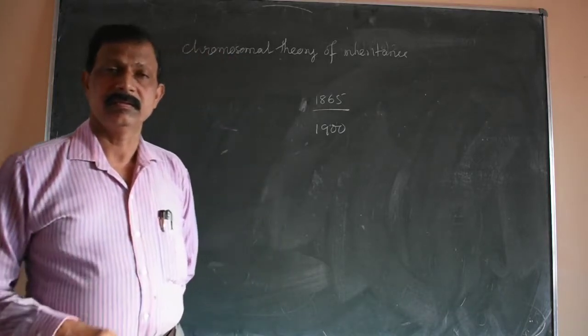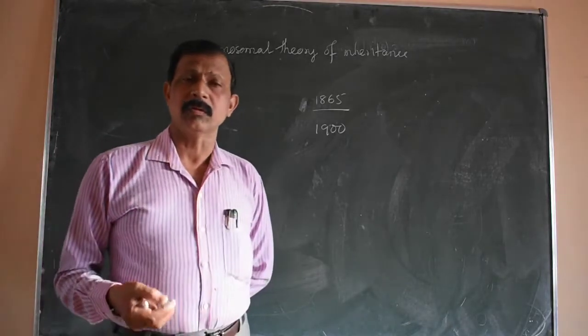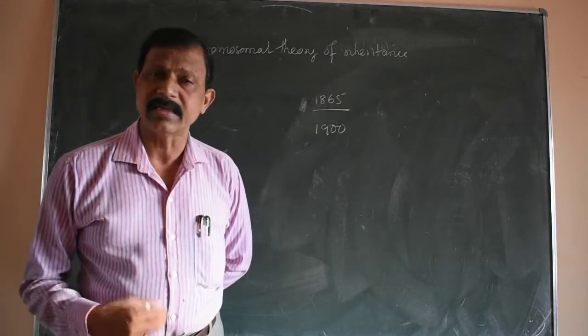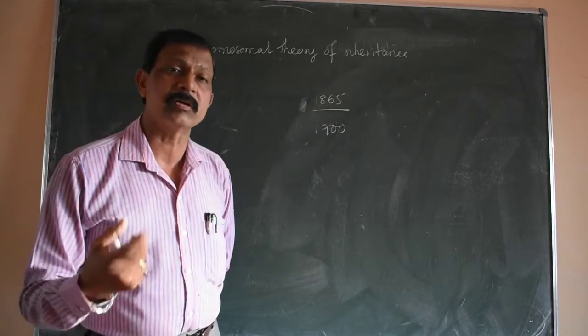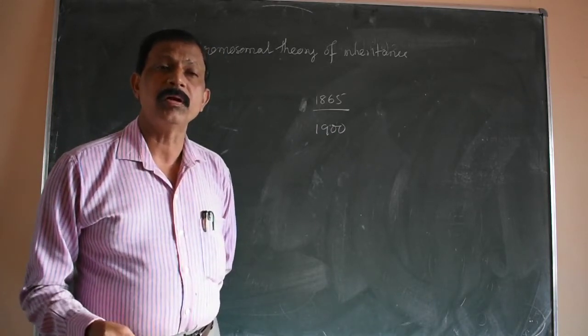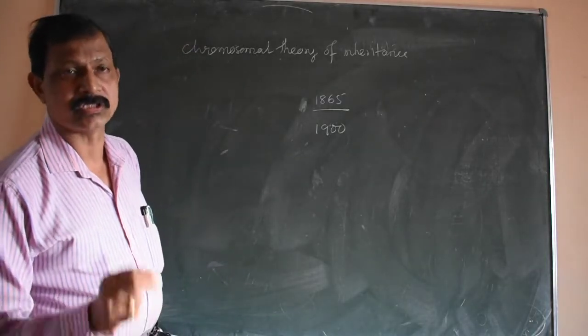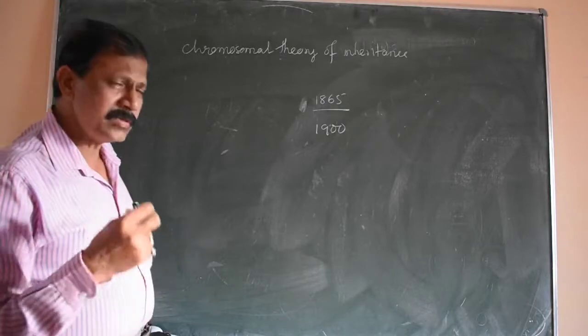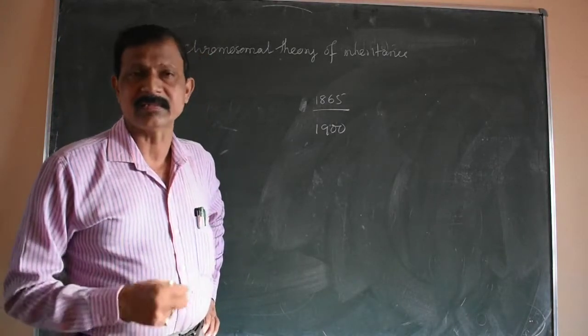And thirdly, Mendel expressed his laws of inheritance mathematically or statistically, which was not properly understood by the biologists of that age. So because of all these reasons, Mendel's work was not properly recognized.